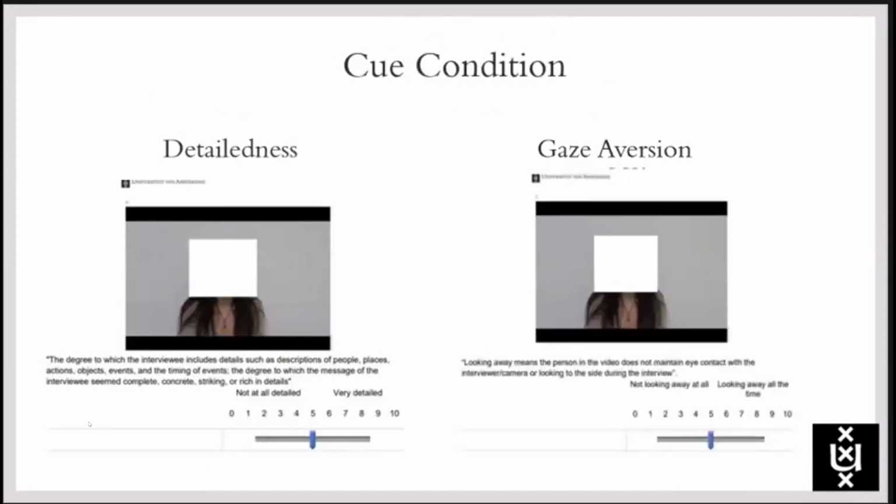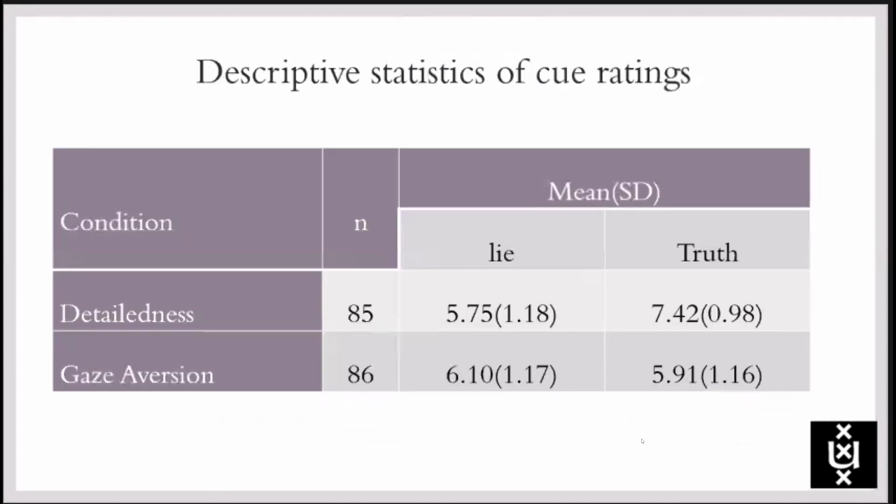And for gaze aversion, we gave a lay definition of gaze aversion. That's when the interviewee in the video looks away from the camera or the interviewer. So participants had to rate from 0 to 10. And this is the descriptive statistics of the rating.